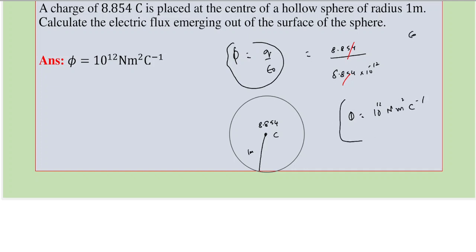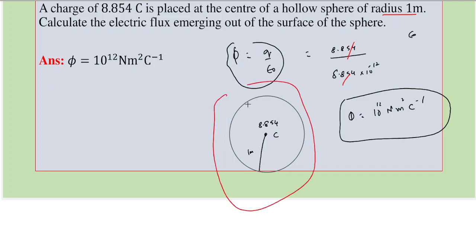This is what the flux is. Do remember, it doesn't matter what the shape of the object is. So the radius of 1 meter doesn't matter at all. It's not required. Whether you have a sphere or a cone or whatever the configuration, through all of these the flux would be the same.